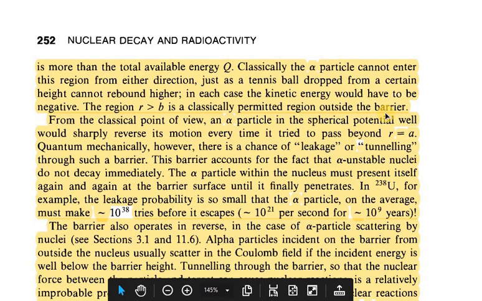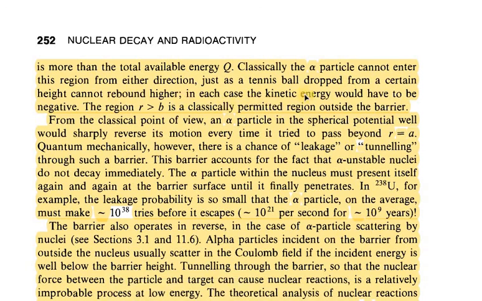Just as a tennis ball dropped from a certain height cannot rebound higher, in each case the kinetic energy would have to be negative.